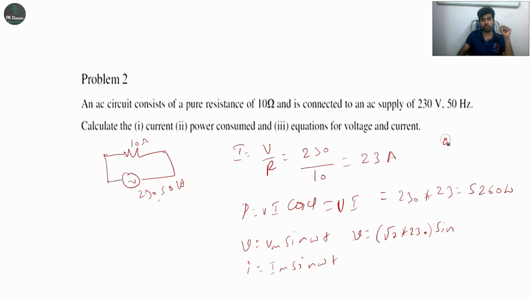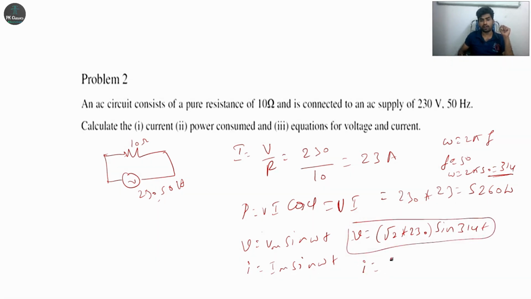How to calculate omega? Omega is equal to 2 pi f. So omega is equal to 2 pi into 50. You will get 314. So sin 314 t. This is the equation. And Im is equal to root 2 into Irms, right? So root 2 into 23, you will get sin 314 t. These are the equations for voltage and current.